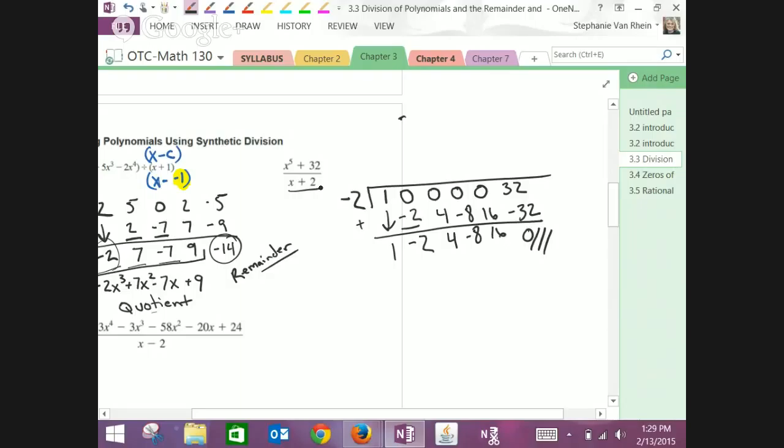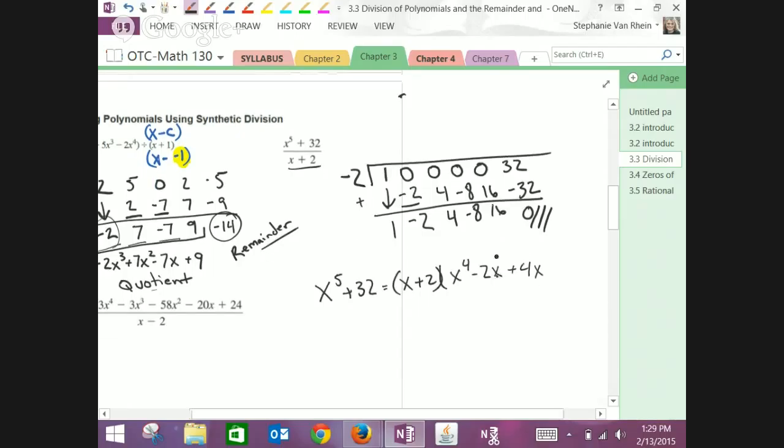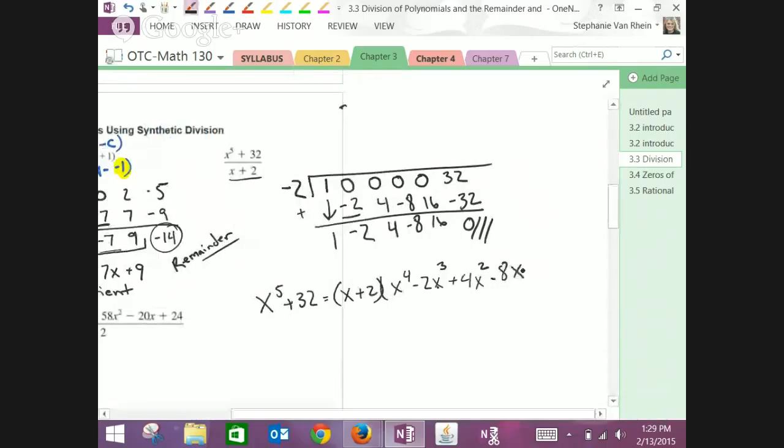Right? So I could write x to the 5th plus 32 as x plus 2 times x to the 4th minus 2x cubed plus 4x squared minus 8x plus 16, right?